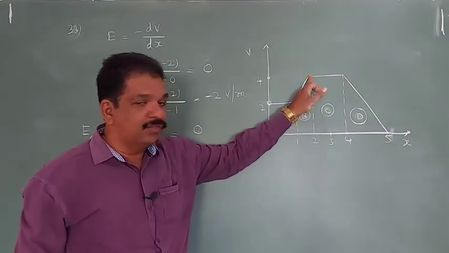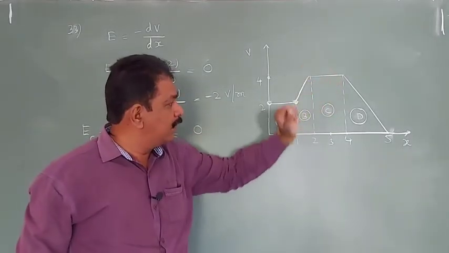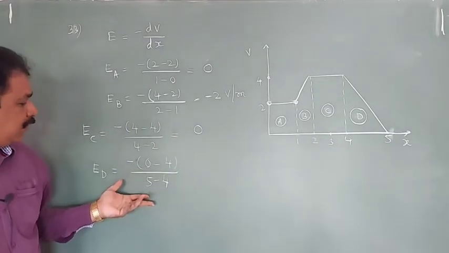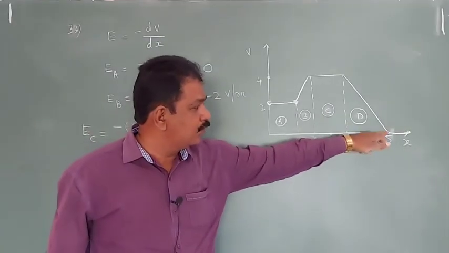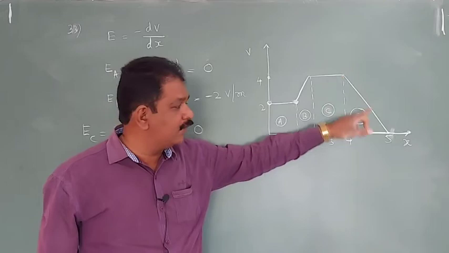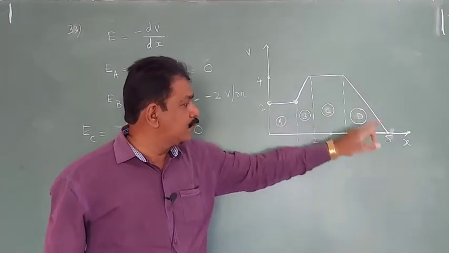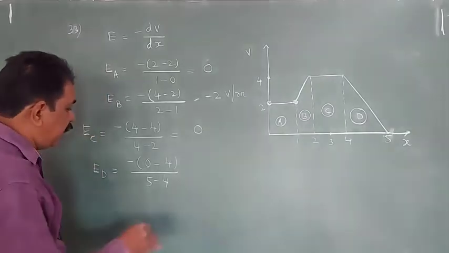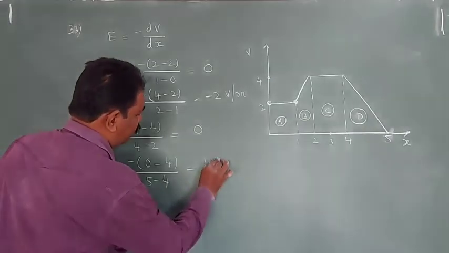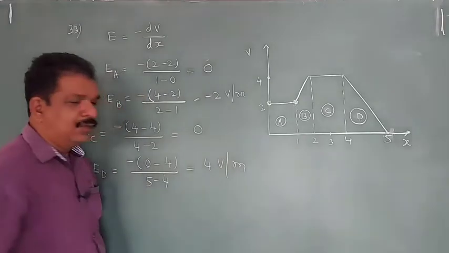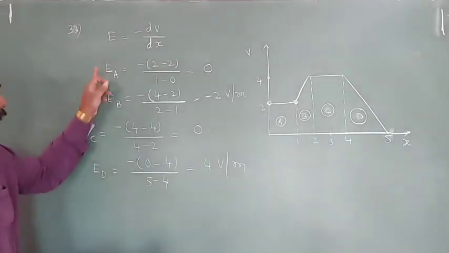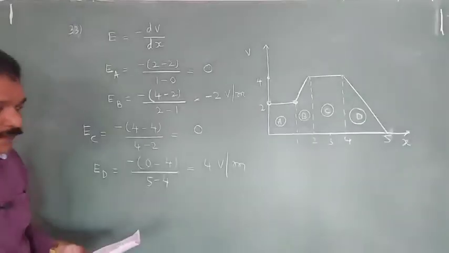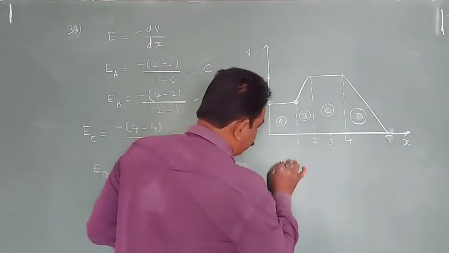Here 4, here also 4. 4 minus 4 by 4 minus 2. For ED, what will happen? Here it is 0. Here it is 4, minus of 0 minus 4 by 5 minus 4. So this value is 4 volt per meter. So if we write the relations between them, EA value, EC value is equal to 0.